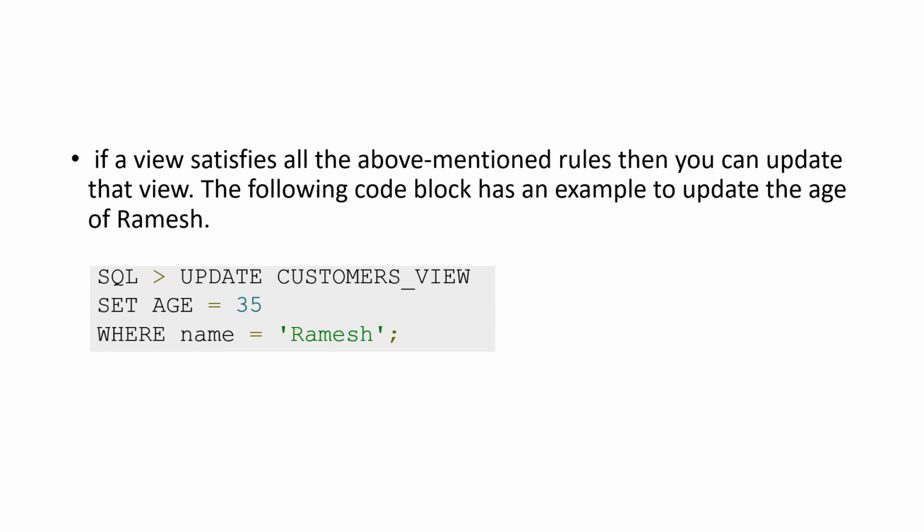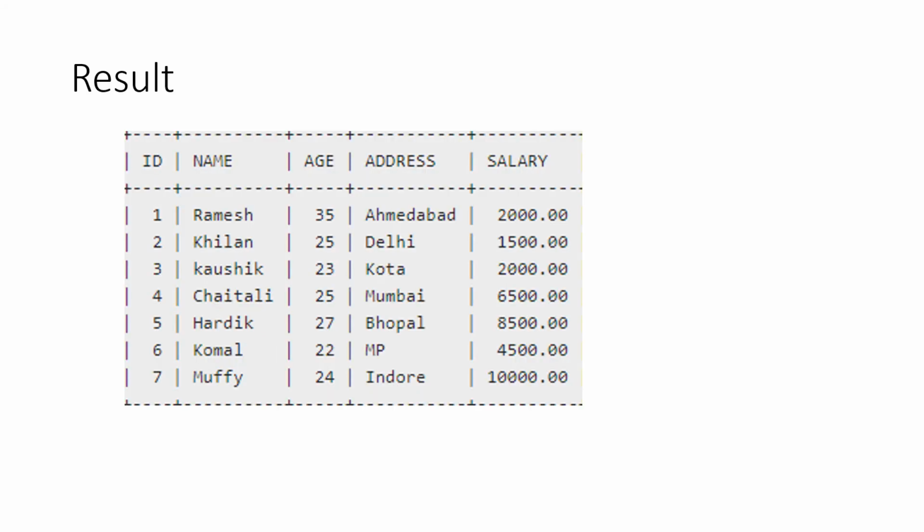To update the age of Ramesh, here is the syntax: update customers view, set age equal to 35, where name equal to Ramesh. So here we have got Ramesh, age 35, which was 32 previously. So it has been updated.